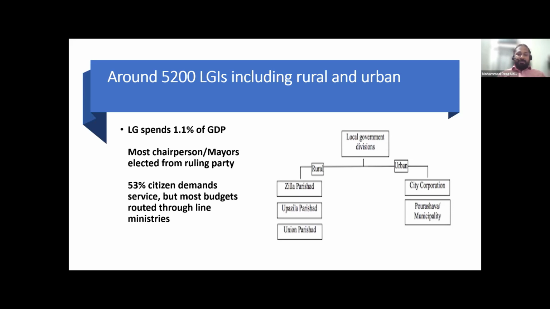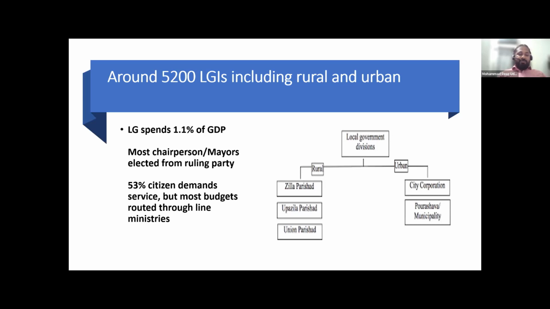Let me also bring a bit of the political economy side here. Around 90 to 95% of the total elected chairpersons and mayors are from the existing ruling party. This causes mostly centralized decision making and creates a bit of accountability issues in cases.